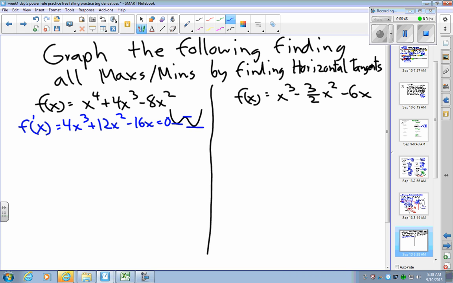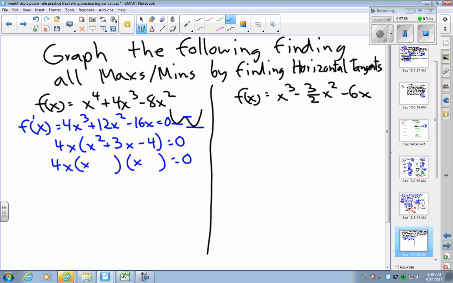I'm going to pull out a 4x, and I get x squared plus 3x minus 4 left. Mr. Bach, you made it factorable. Why, thank you. This is a 4 and a 1, a plus 4 and minus 1. So I have x equals 0, x equals negative 4, x equals 1.